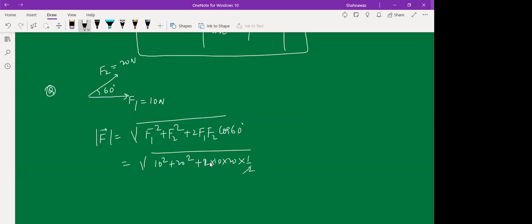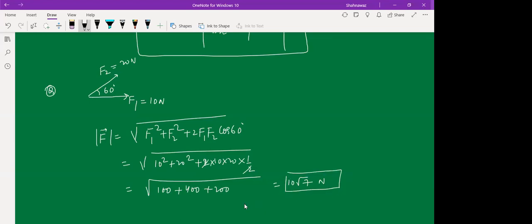So this 2 cancels, and we have 100 plus 400 plus 200, which is 700. So 10 root 7 Newton. This is the resultant force.